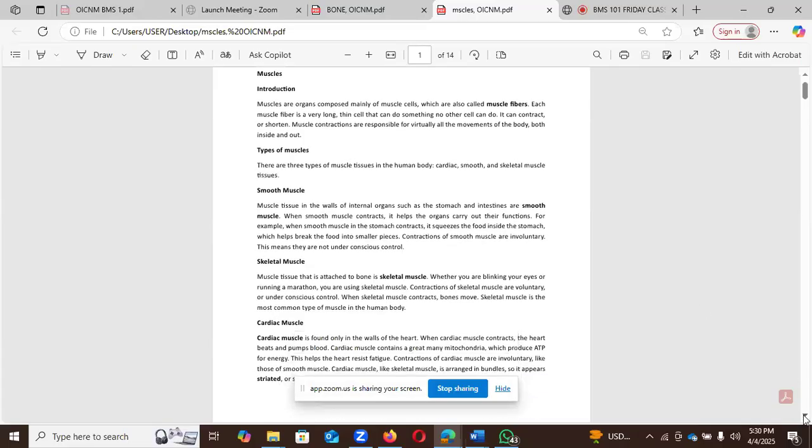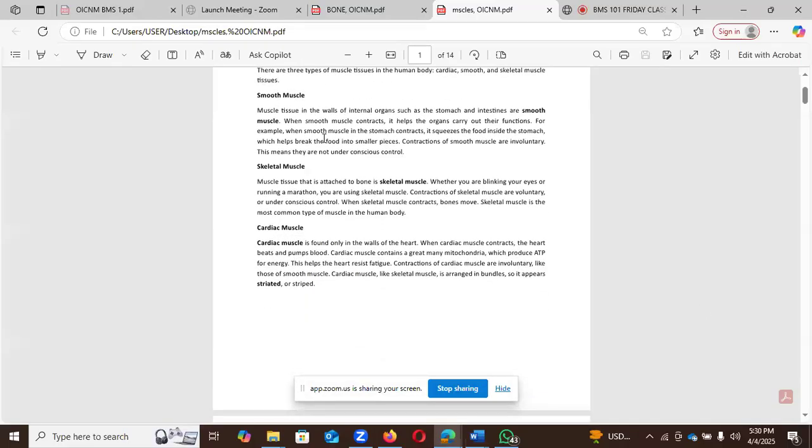Now, why is smooth muscle called smooth muscle? Because it is located across the internal organs. Smooth muscle can only be found in the internal organs, such as the stomach, the intestine, the uterus, the male reproductive organ, the female reproductive organ.